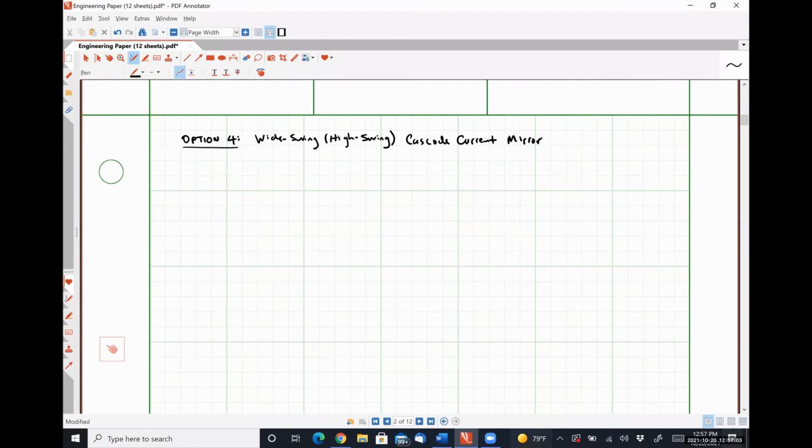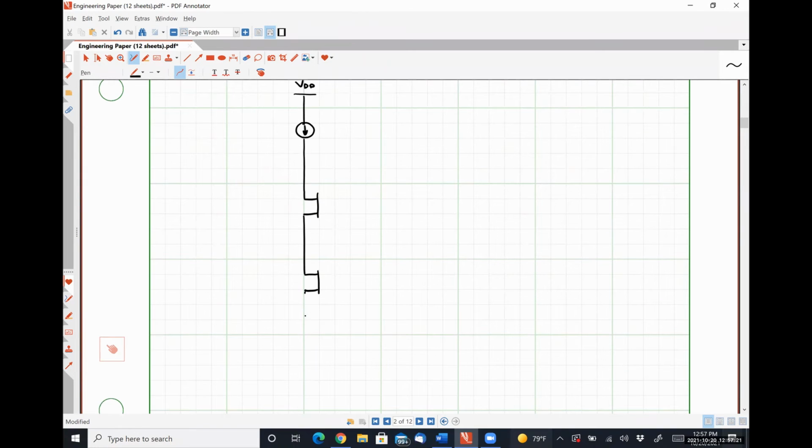So what we're going to start with looks similar-ish to what we've been dealing with, but we're going to talk about some very specific choices that we're going to make here. So let's start with a transistor M1 and a transistor M3, because we have absolutely observed that cascoding our transistors got us a large output resistance.